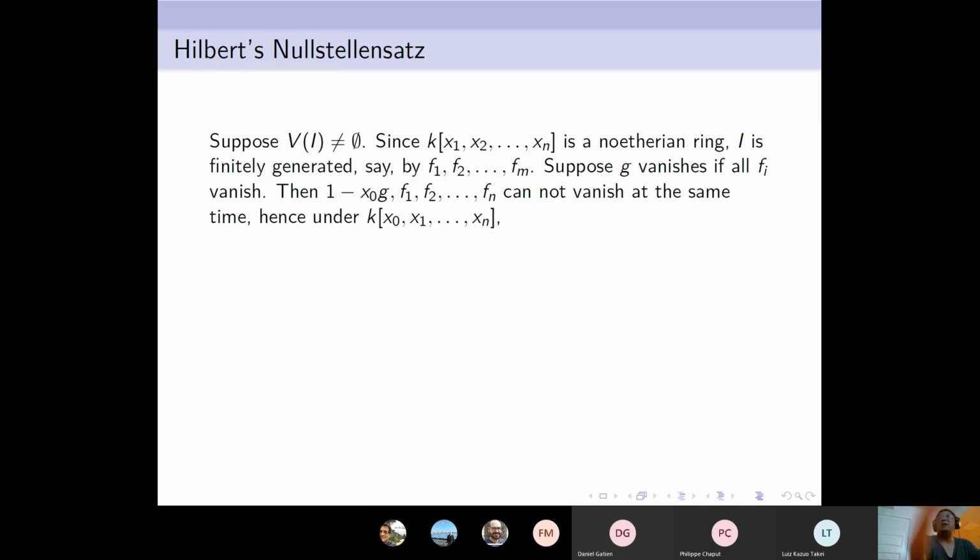So if we add an extra variable x0, we have a new polynomial ring. It is also a Noetherian ring by the Hilbert basis theorem.